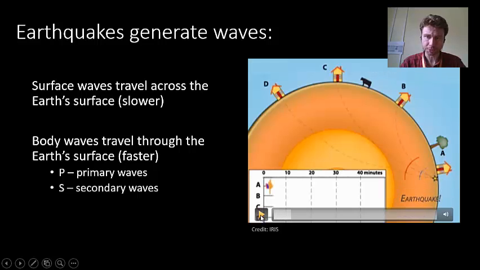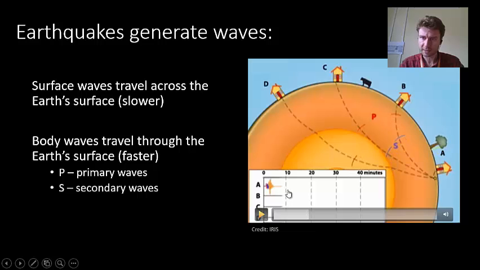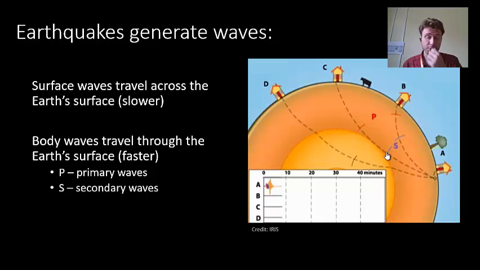So just to show you a little bit, we have an earthquake which occurs over here. And then it sends out two waves immediately. You can see this first red wave being the P wave, this second S wave as the secondary wave. Now, the difference between P waves and S waves are essentially how they function.